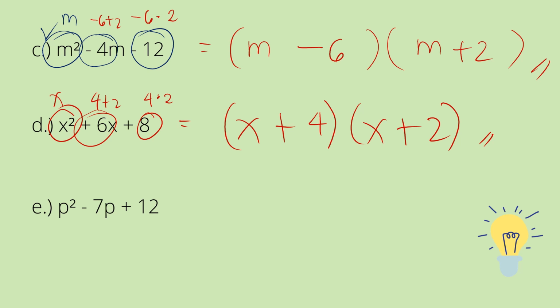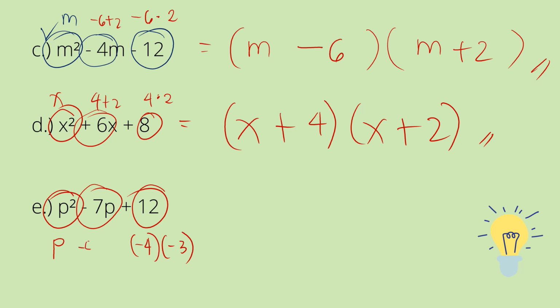And for the last example, so p squared, yes. So galing siya kay p. What are the numbers? When you multiply, you'll get 12. And when you add, you'll get negative 7. Negative. But the product is positive. So that means dalawang negative number. Okay, so that is negative 4 times negative 3.